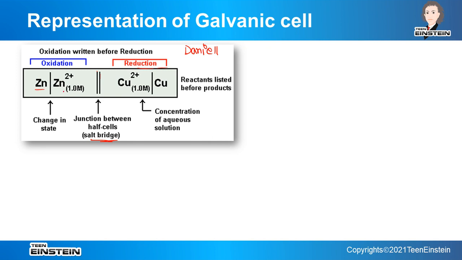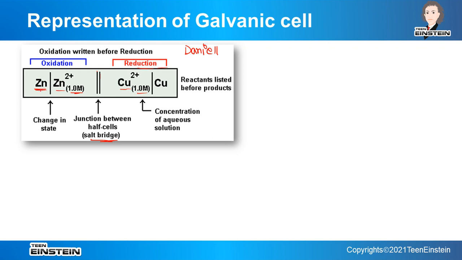And Zn and Zn2+, here the concentration of Zn2+ is given because it is the salt. Suppose zinc nitrate or zinc sulfate is there. So this is the concentration of the electrolyte. And on this side, it is the concentration of the electrolyte, which is copper sulfate or copper nitrate. Okay, so concentration of aqueous solution. And another important thing is, if you are confused whether to write Zn2+ first or Zn, you have to write Zn first.